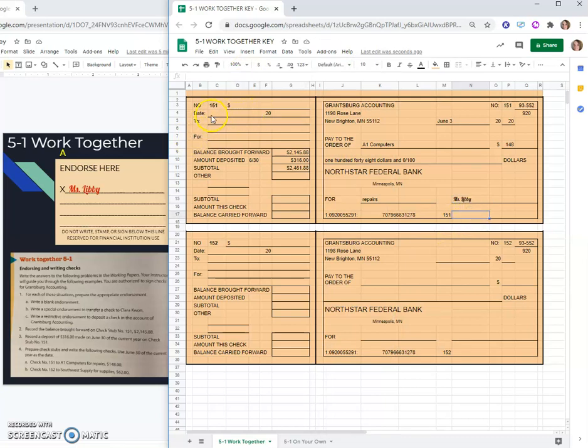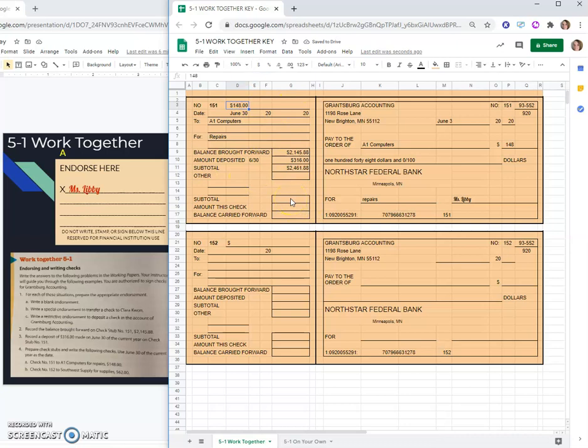Now we have to fill out the stub over here. So it was June 30th of 2020, and it was to A1 Computers, and it was for repairs because we get to keep these stubs for our own records, and the dollar amount was $148. And that didn't stay there, so we'll make it dollars.